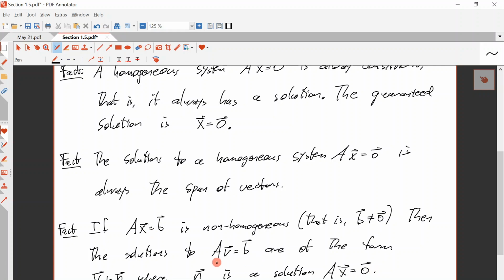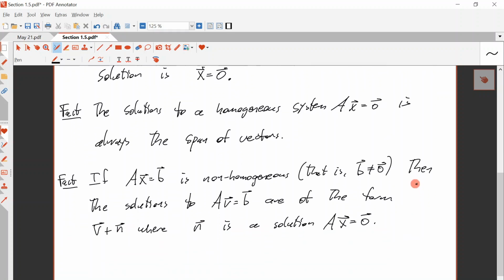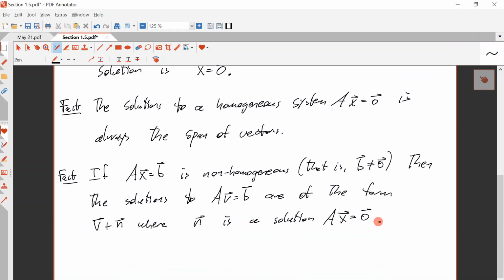So every solution to a non-homogeneous system is of the form v plus n, where n is a solution to the homogeneous system, and v, which is equal to v plus 0, is one fixed solution to Ax equals b.